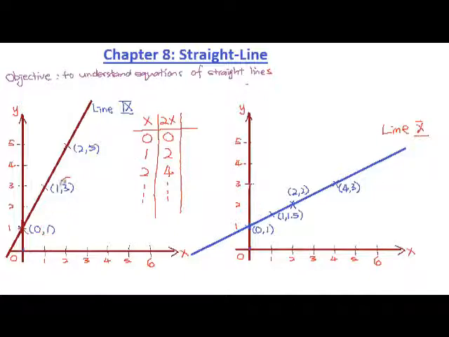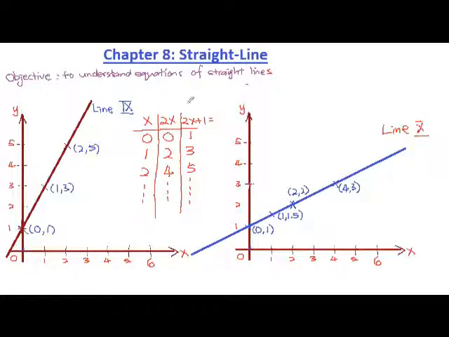For instance, 3 is 1 more than 2. 5 is 1 more than 4. So we can do this, 2x plus 1. So 0 plus 1 we get 1, 2 plus 1 we get 3, 4 plus 1 we get 5, and so on.